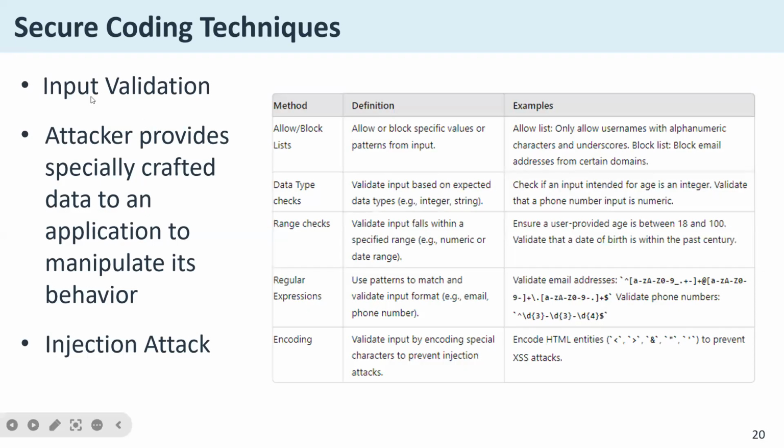Now, input validation is something that a lot of developers don't do. Imagine you have a form that says your email, but numbers can be entered in. That is a data type check. You are not validating that particular form, and that's a vulnerability.